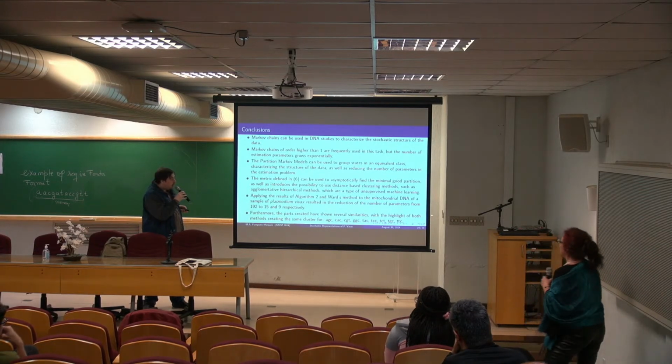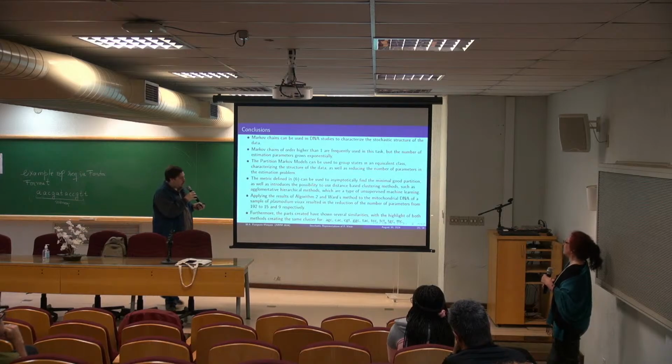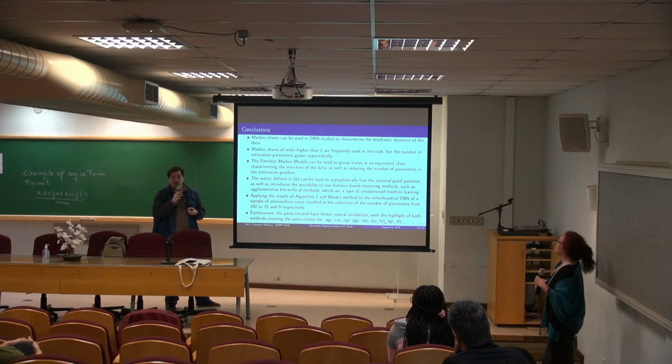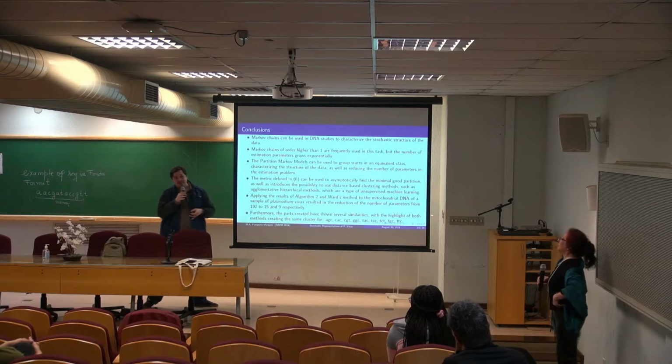Yes, so we can have many applications, but the idea is to find similarities between nucleotides. So if the nucleotides have a similar behavior, we can infer that they are associated with similar things, right? So that's one of the ideas. And the other one was done not in this paper, but in another paper, right?